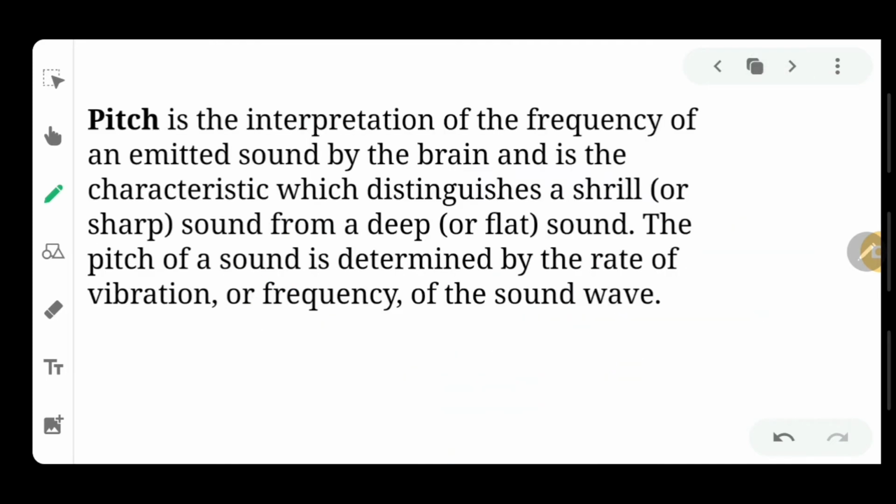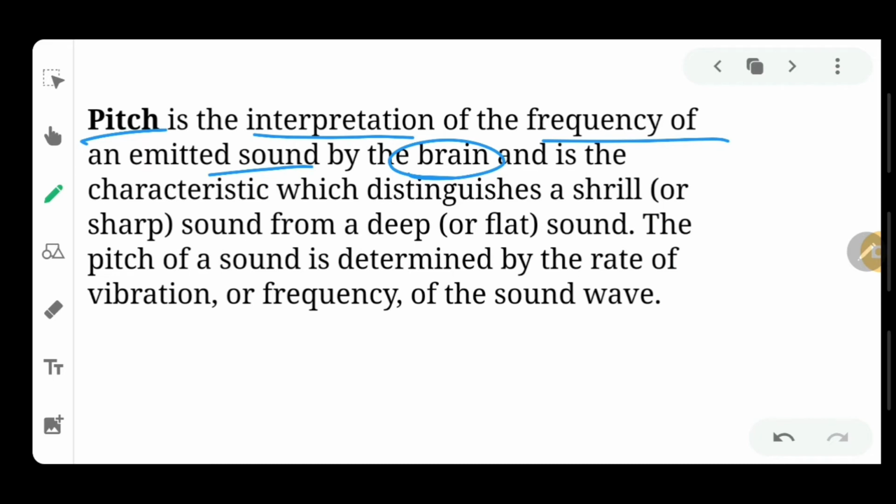Okay, now let's try to understand pitch. So pitch is nothing but a parameter that comes out from frequency. The interpretation of frequency, or you can say the shrillness of the sound, is nothing but pitch, that you have learned in previous classes. See, it is the interpretation of the frequency of emitted sound by which the brain detects it. Okay, each and every sound has its own frequency, but the interpretation of each frequency is different from the brain side.